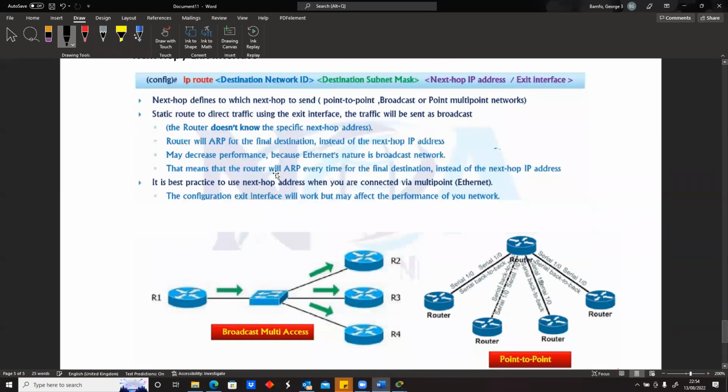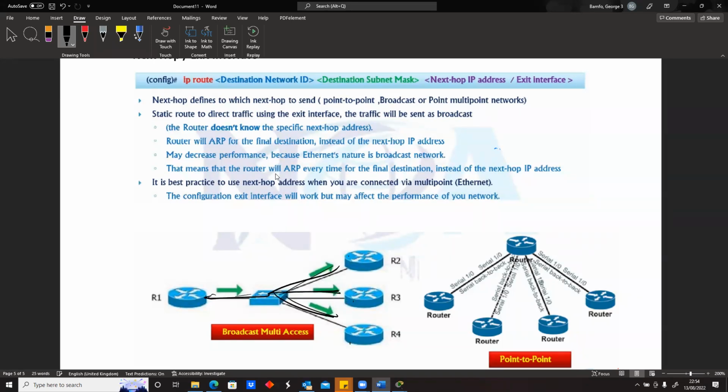So the next hop is more like saying, how do we get to that particular point using the IP address? And mostly if you have a network like this, where you have different routers, we call them broadcast multi-access networks. Basically, if we do the exit interface, it will send a broadcast to everyone saying, hey, I don't know the IP address, but I know that I have to go to somewhere and then you guys can help me.